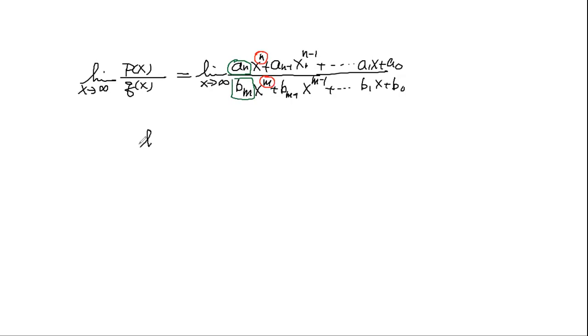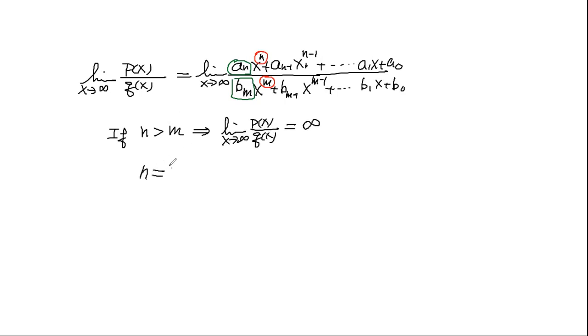If the limit as x approaches infinity, and n is greater than m, that means the top goes faster. So the whole limit as x approaches infinity of p(x) over q(x) will be equal to infinity.